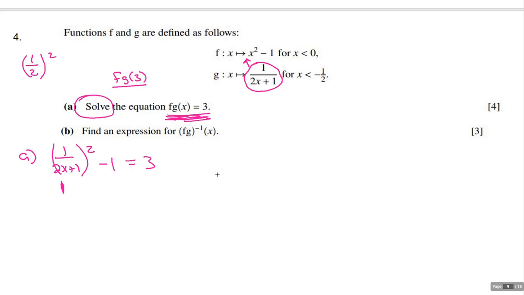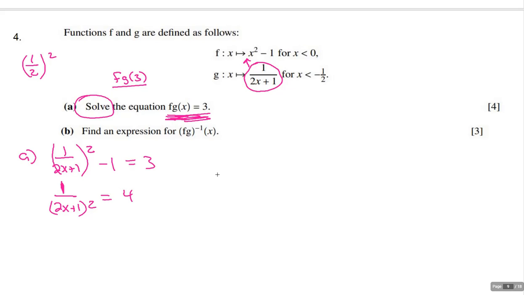And then let's make this 2x plus 1 squared. Are you with me on that? Now what's it equal? 4. Alright, now what can we do?